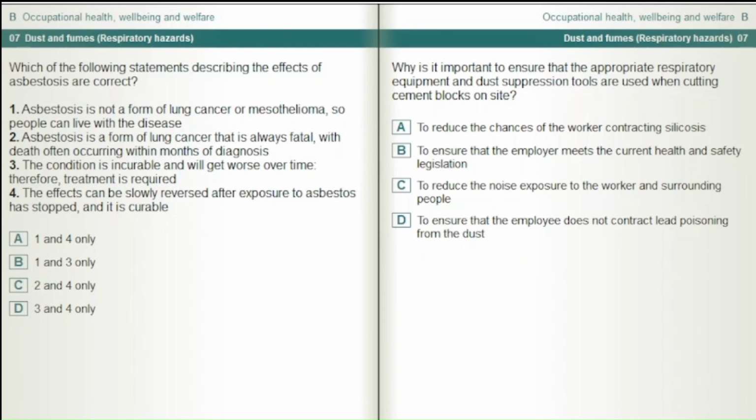The condition is incurable and will get worse over time, therefore treatment is required. 4. The effects can be slowly reversed after exposure to asbestos has stopped, and it is curable. 1 and 4 only. 1 and 3 only. 2 and 4 only. 3 and 4 only.